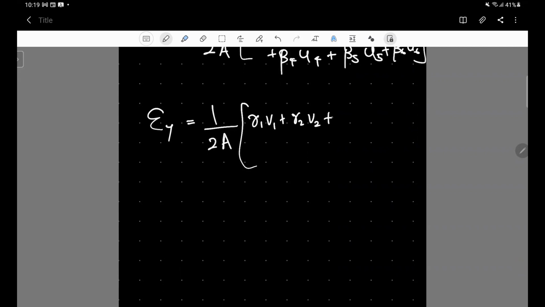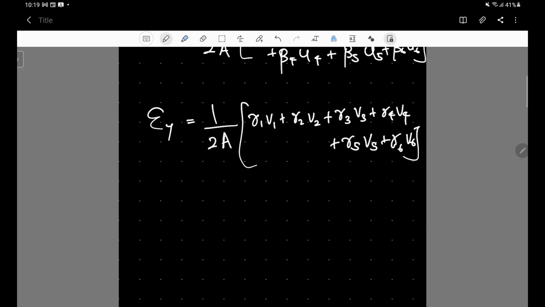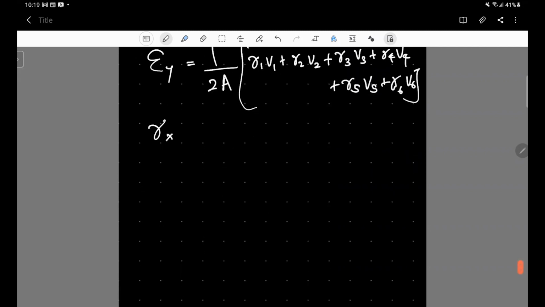These are functions of v now. Rotations in the xy plane.